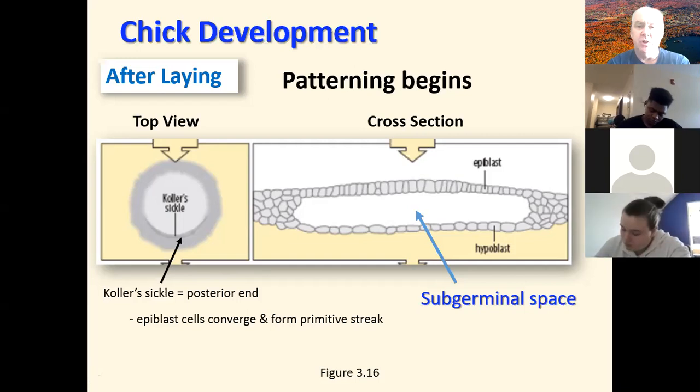So this tissue will develop into structures, the umbilicus basically, structures that will take nutrients from the yolk and oxygen from the outside of the shell. So that's going to develop into those extra embryonic structures that support the embryo's development. And then the surface cells, the epiblast cells, are what are going to actually become the embryo itself.